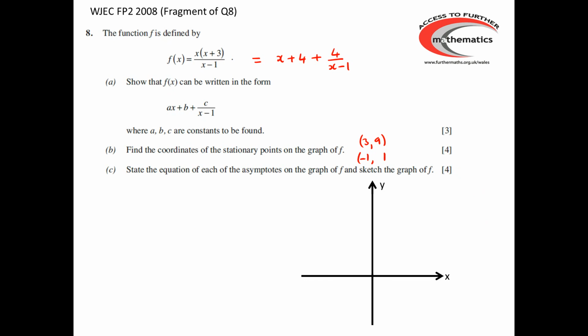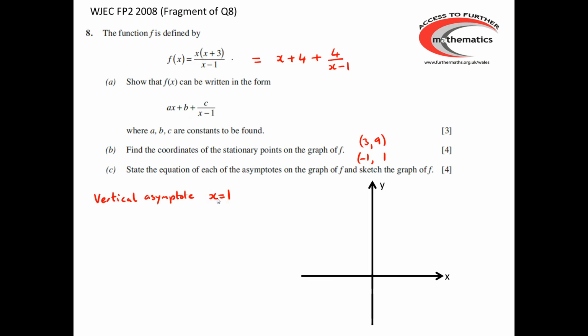So, we've got to state the equation of the asymptotes and sketch the graph. Well, first of all, looking at this, we can see that the denominator of the fraction will equal 0 when x equals 1.